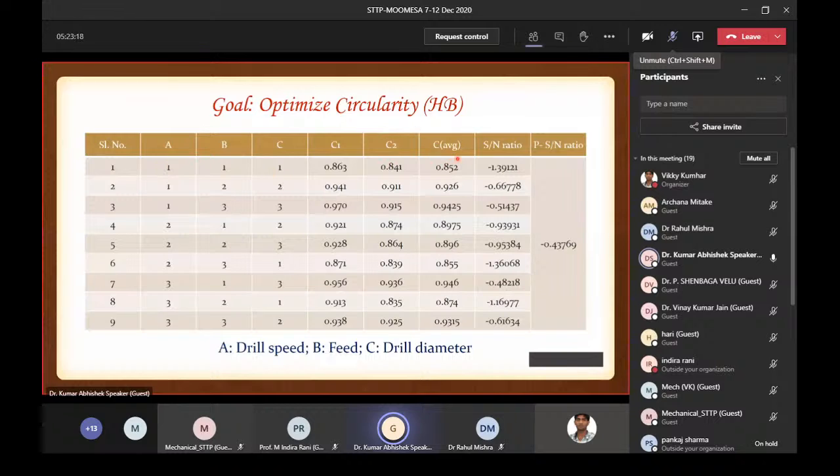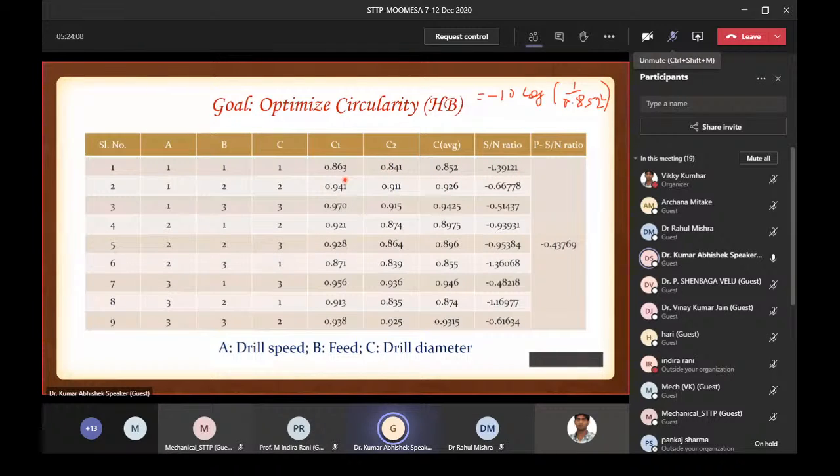Then for this circularity we have to compute the signal to noise ratio, which can be found using the higher-is-the-better criteria formula, that is minus 10 log 1 upon 0.852 square. By this we can find out this SN ratio.